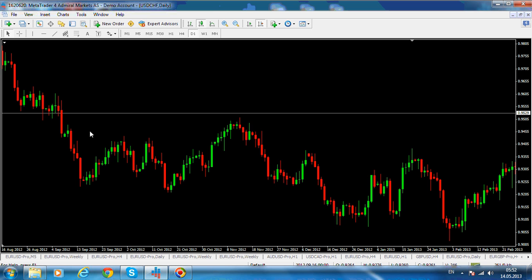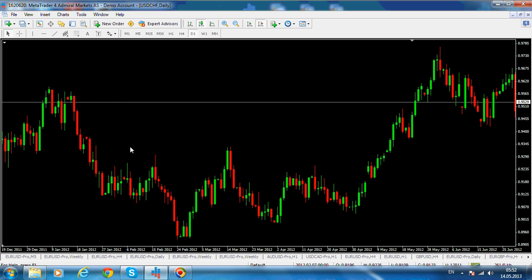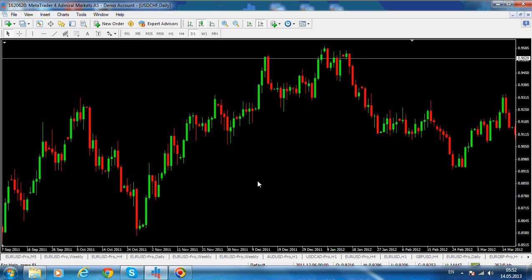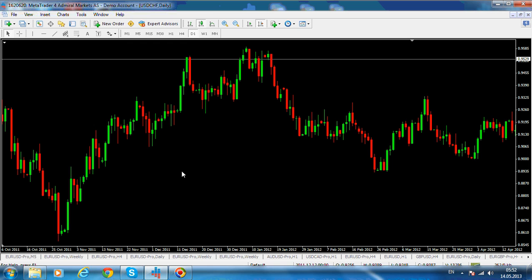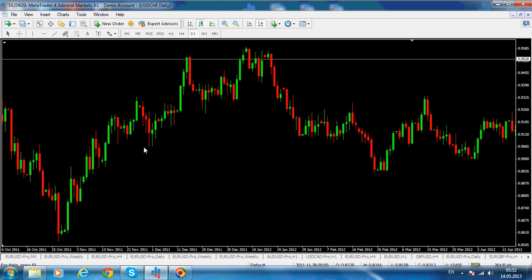Not the cases in here, nothing in here, nothing here. For example, this might be the example I was looking for. This is a possible piercing pattern.